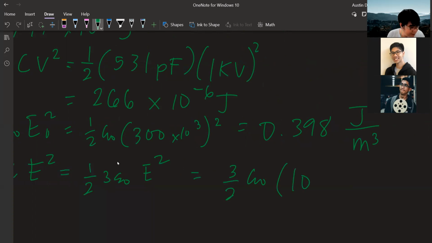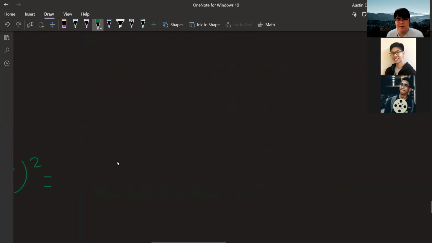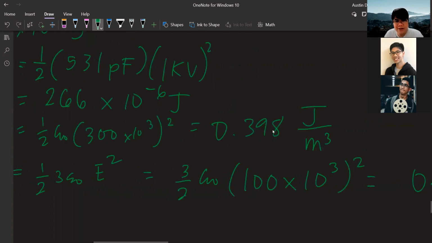Ay, 30 lang pala ito, no? Ay, 100 times 10 to the third power squared, and this gives me 0.132 joules per meter cube. Okay, so that's it for that example.